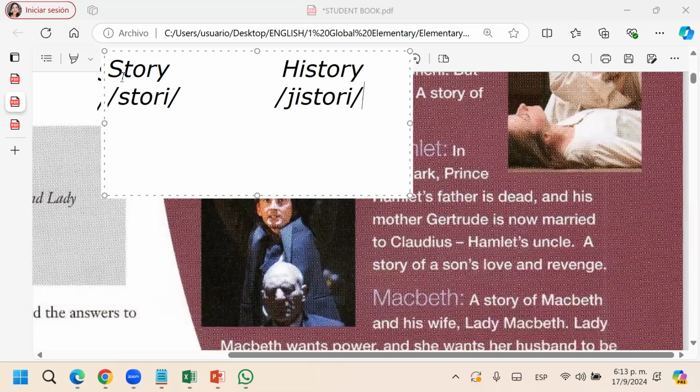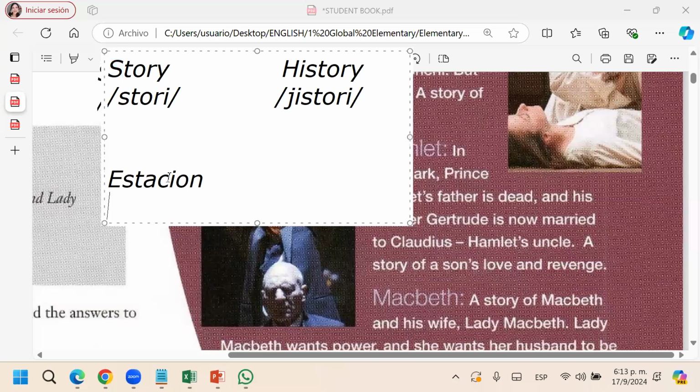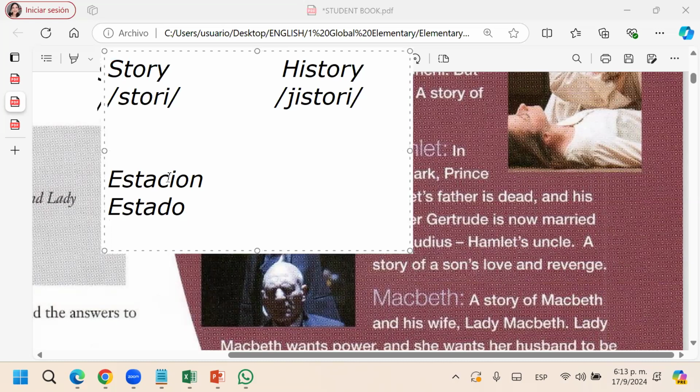La pronunciación, siempre que lo vayan a pronunciar, empezar con el sonido de la S, story. Es difícil porque en español no tenemos ninguna palabra que empiece con S. Siempre decimos estación, estado, estudiar. En inglés es el sonido de la S. Por ejemplo, story.